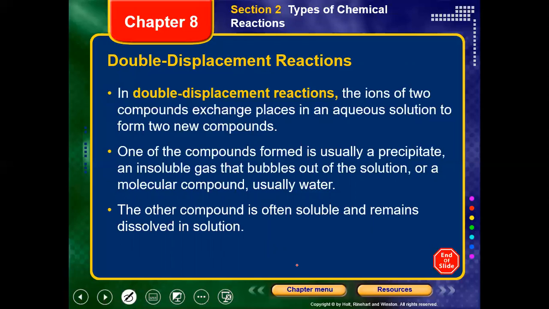In a double displacement reaction, the ions of two compounds exchange places in an aqueous solution. When I say aqueous solution, it means dissolved in water, to form two new compounds. One of the compounds formed is usually a precipitate. You learned the meaning of a precipitate before, which means solid.